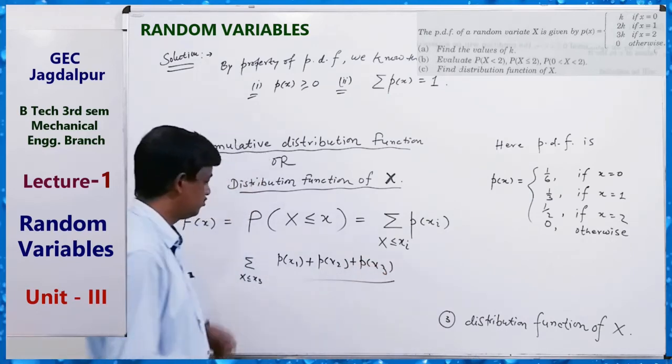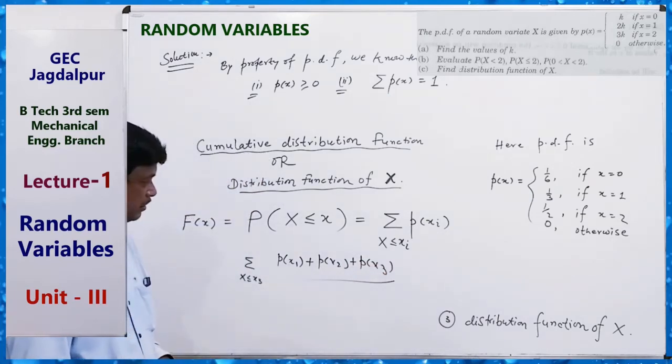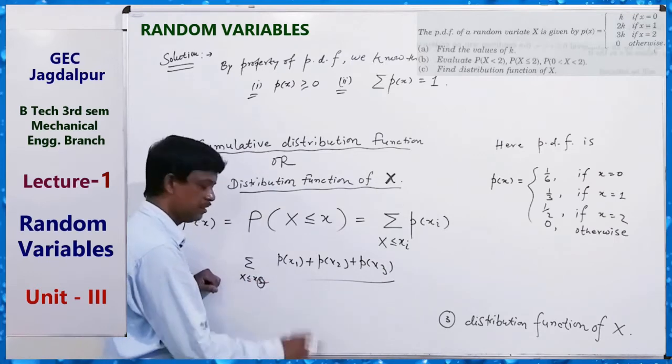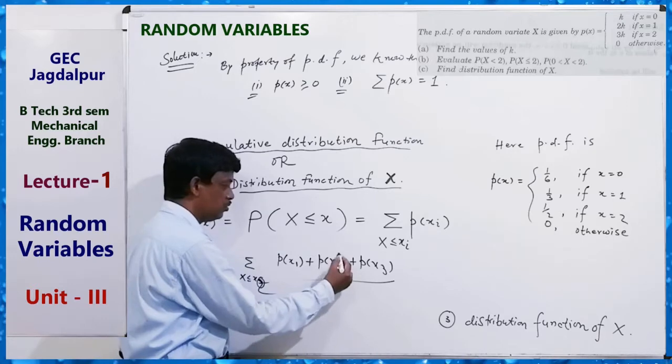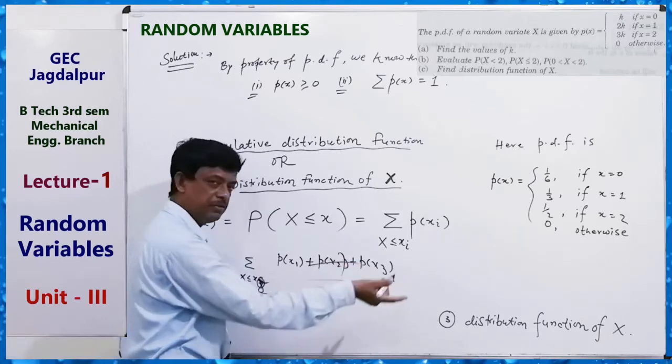This will be the value. If I take 3, clear? If 2, then up to 2, if 5, then up to 5.